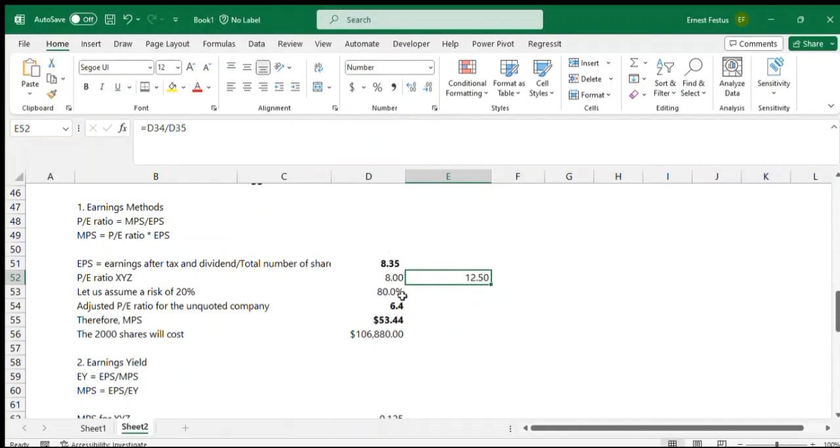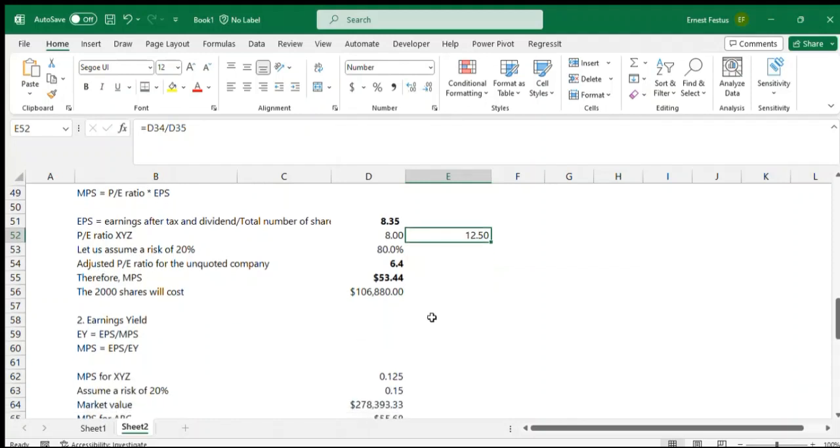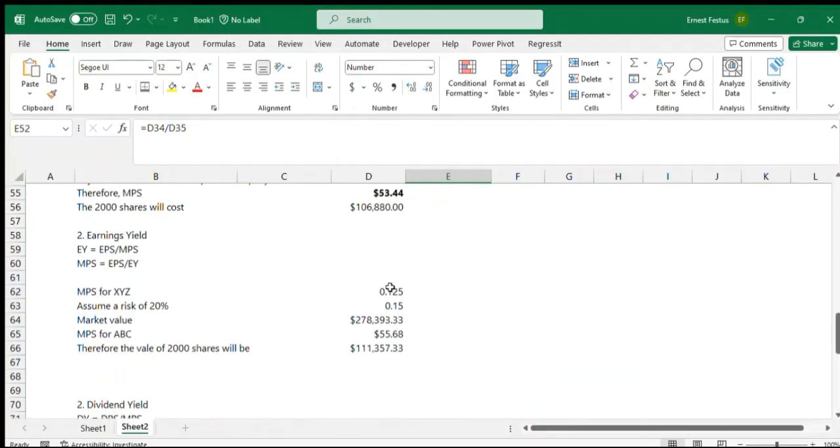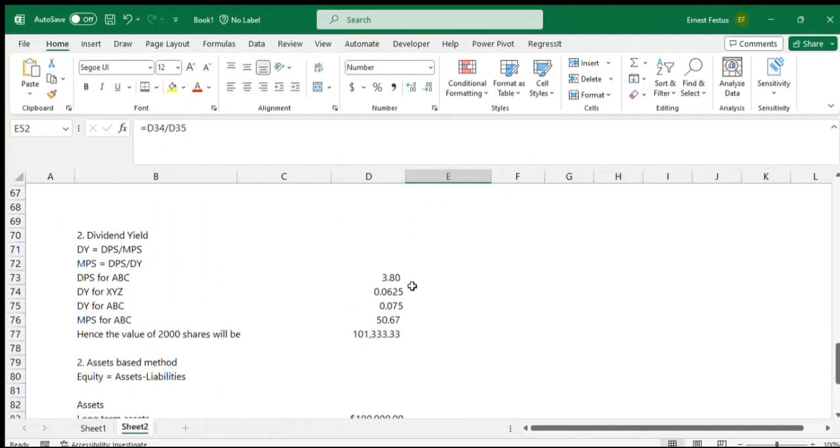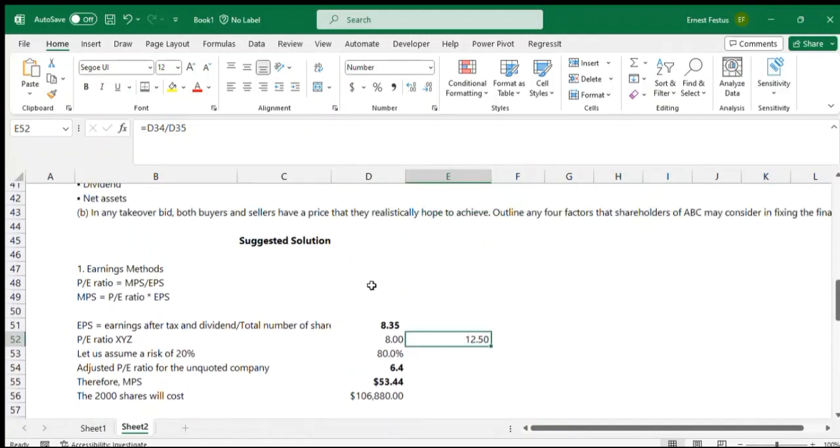So whatever we are doing here, we will have to compare it to a quoted company. And some values such as PE ratio and the earnings yield cannot be obtained for an unquoted company. So what we do is that we consider that of the quoted company and adjust it for the relevant risk assumption and use the figures thereof. Alright, so that is it for this question.